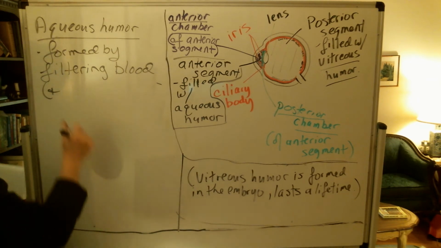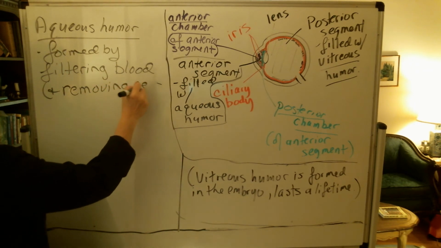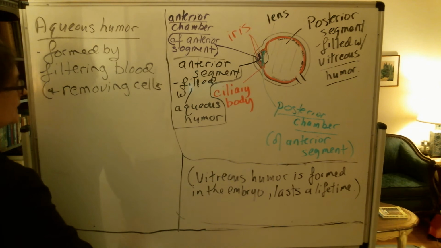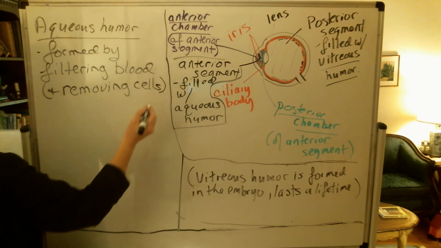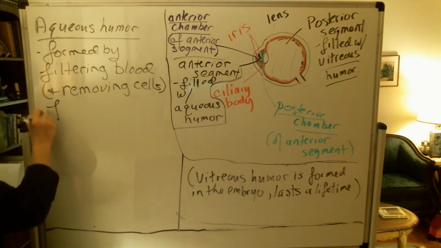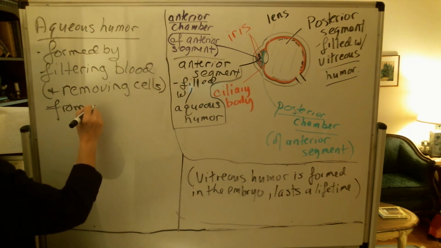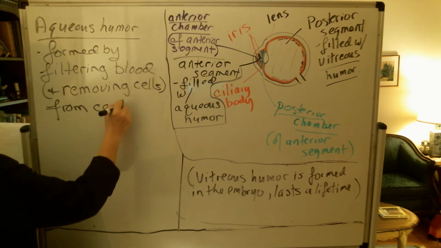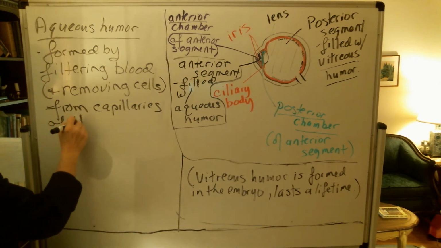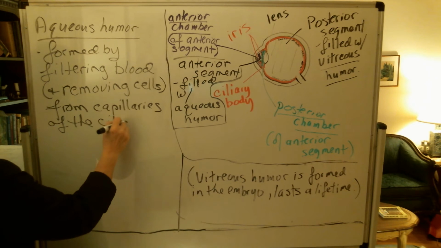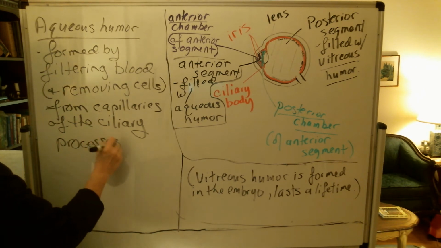And what that filtration process does is it removes the blood cells. So you have the blood filtered, you have the blood cells removed from the blood in the capillaries of the ciliary processes.